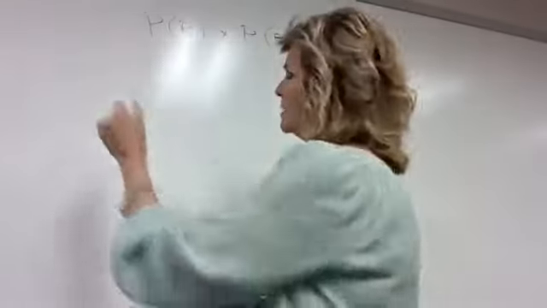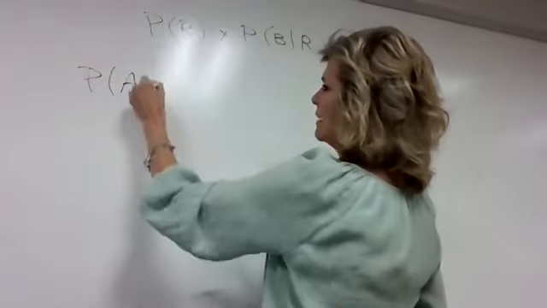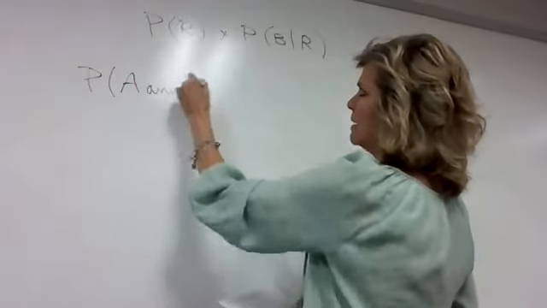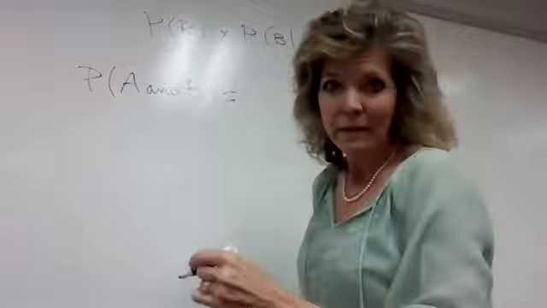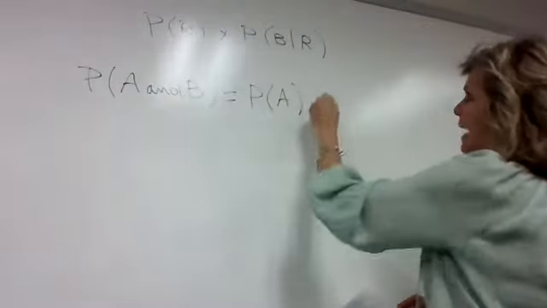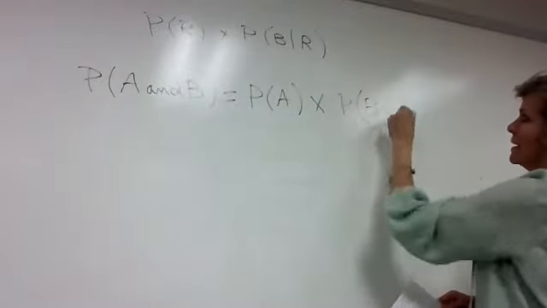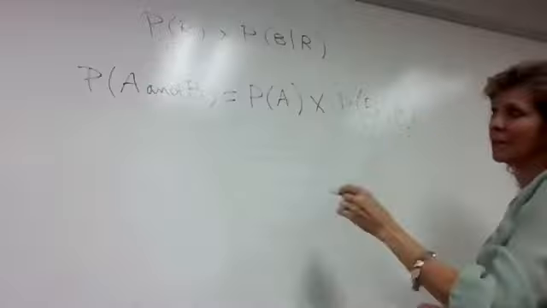When you get down to where it's saying, okay, I need the probability of an A and a B, it's in my dependent area, and I've got the probability of A times the probability of B, given that A occurred.